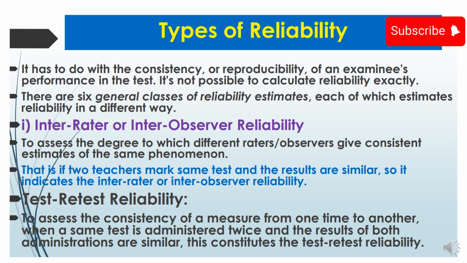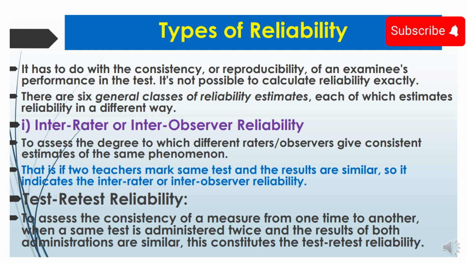It assesses the degree to which different raters or observers give consistent estimates of the same phenomena. If two teachers mark the same test and the results are similar, it indicates inter-rater or inter-observer reliability.